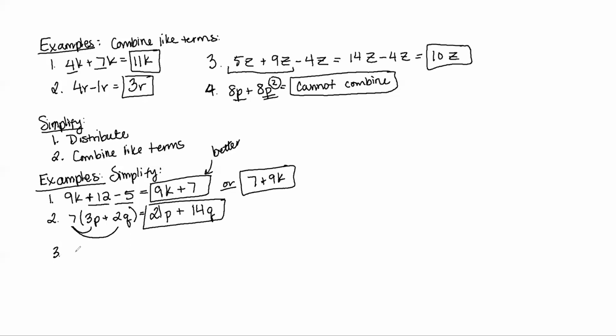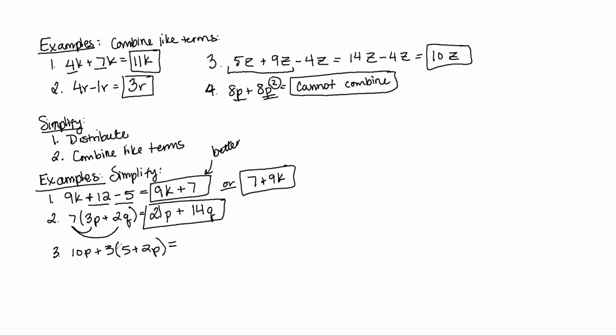Number 3, 10p plus 3 parentheses 5 plus 2p. And now this is one where order is really important. So this one, it's not as easy to mess up on because we can't combine the 10p and the 3 either way.